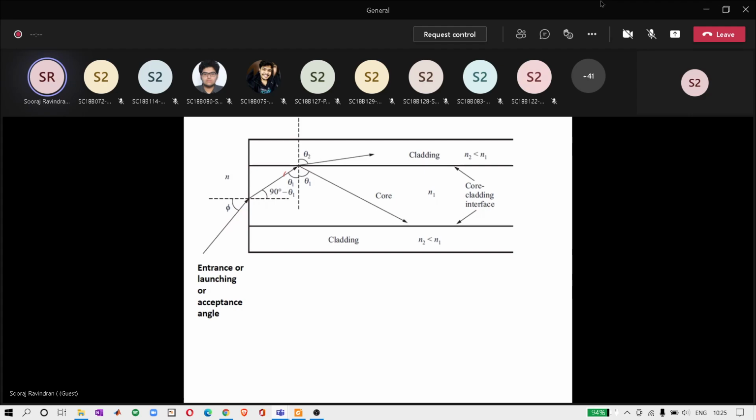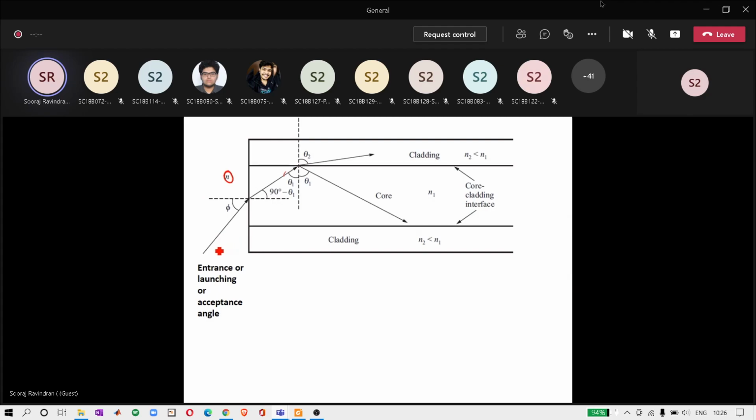So we can mathematically calculate what that angle should be. Consider a realistic optical fiber which has a core whose refractive index is n1 and a cladding whose refractive index is n2, and n2 is less than n1. This optical fiber is sitting in air, so surrounding the fiber you have air with refractive index n.